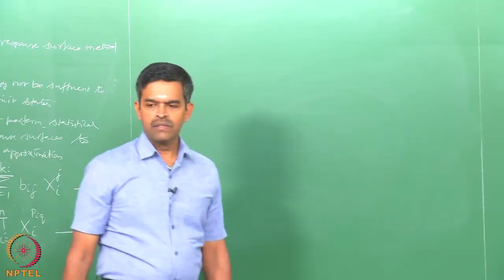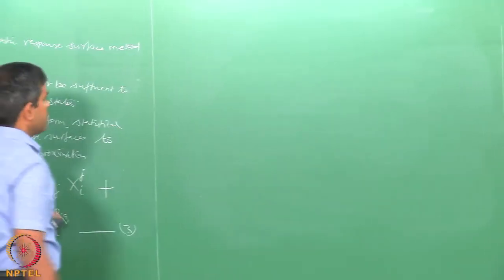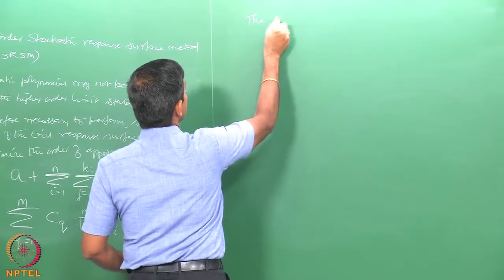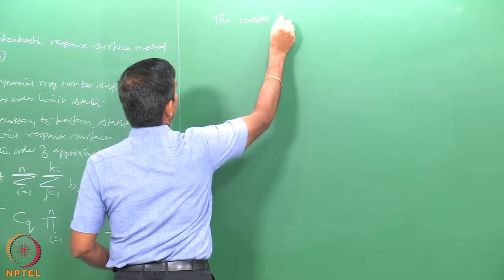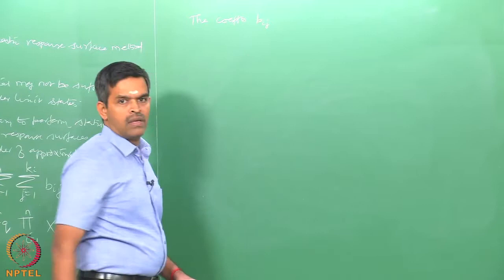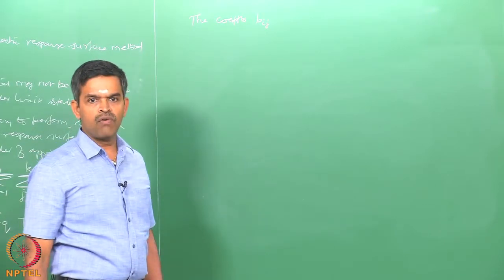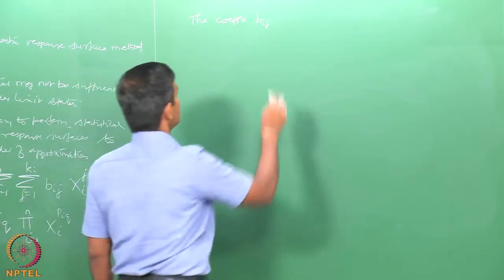Now, in this case, the coefficients b_ij actually correspond to the terms involving only one random variable.